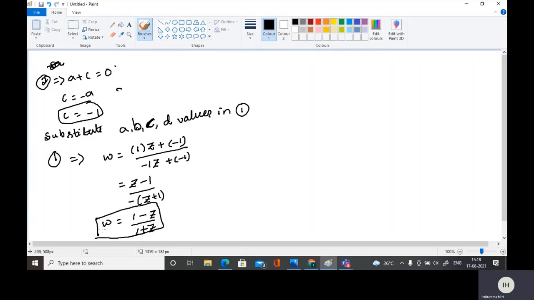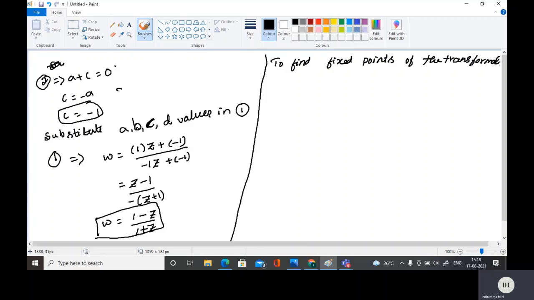In the question, continuing this, we also have to find the fixed points of the transformation. Fixed points are nothing but invariant points. To find the fixed points of the transformation, put W is equal to Z in equation 5.